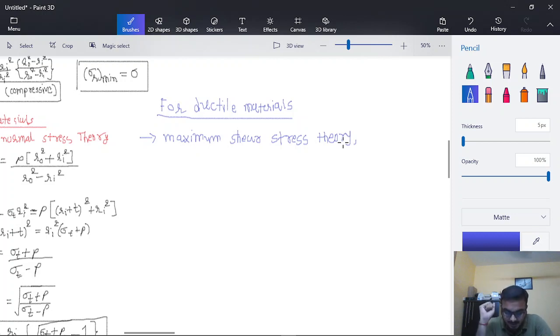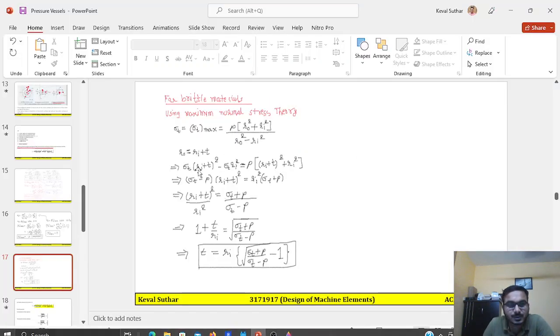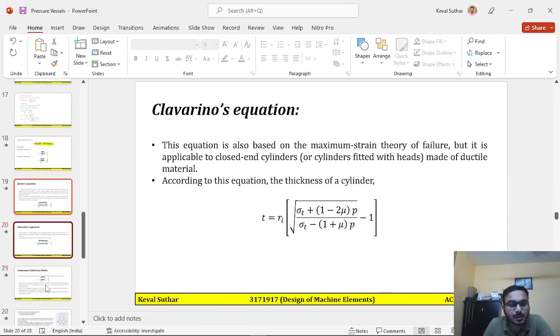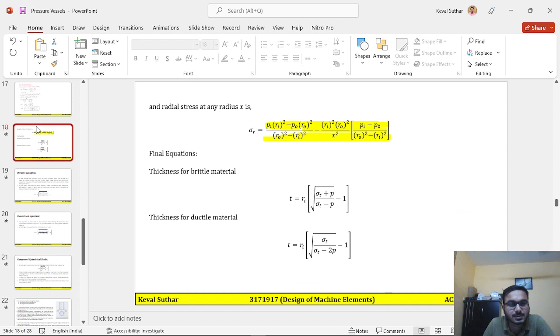So what does this theory say? The maximum shear stress, let me write it down so it will be much easier for me to tell you. Just wait.